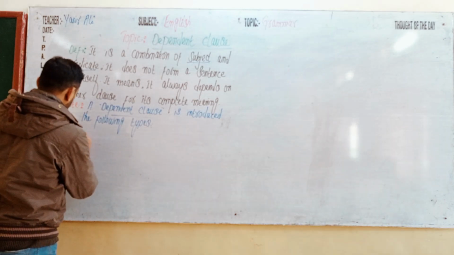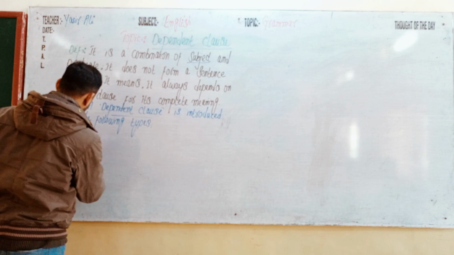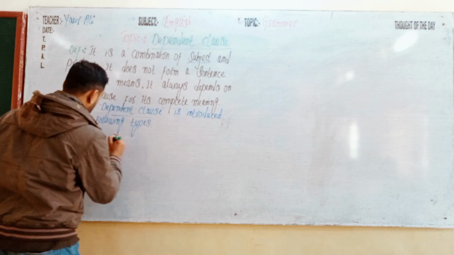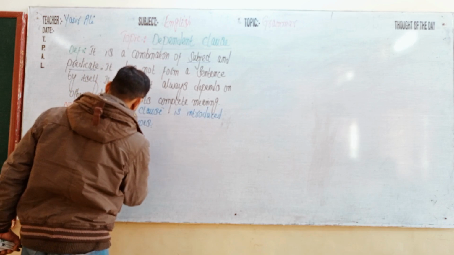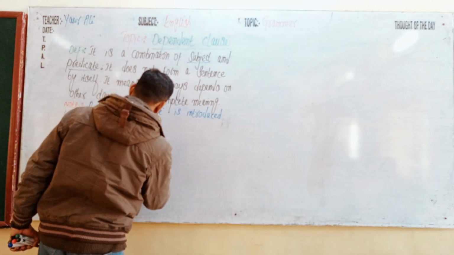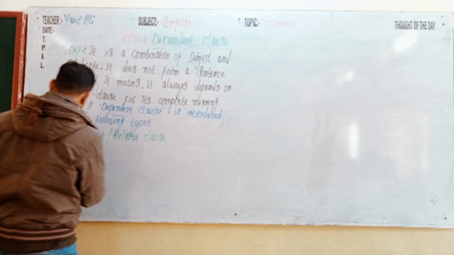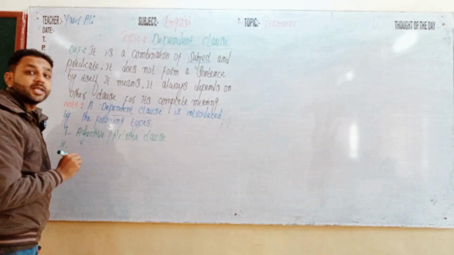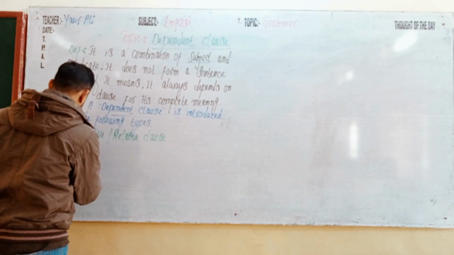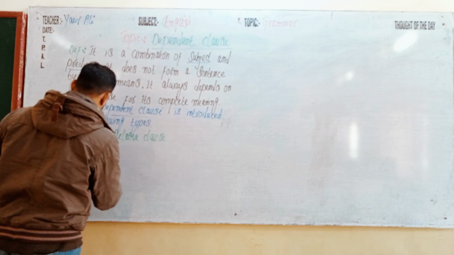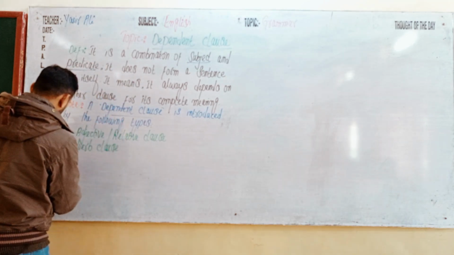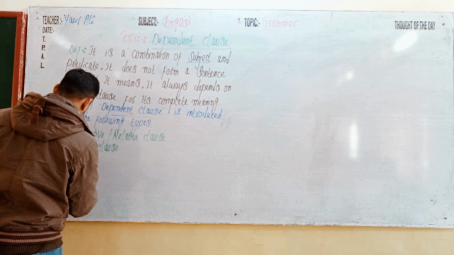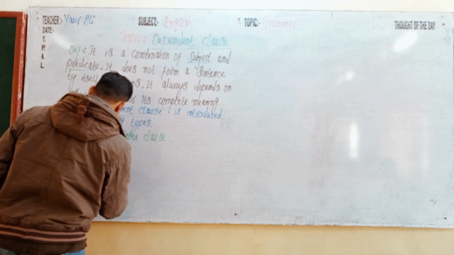Number one, adjective or relative clause. Number two, adverb clause. Number three, noun clause.